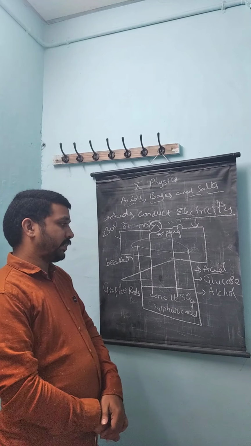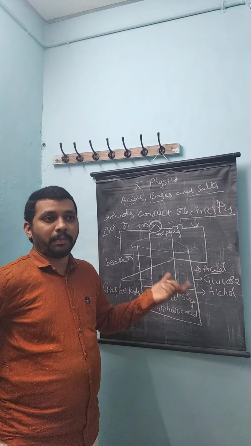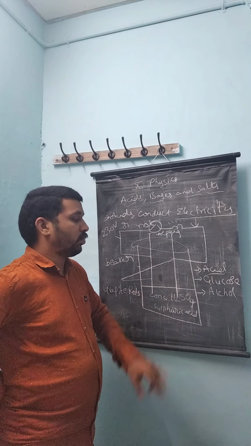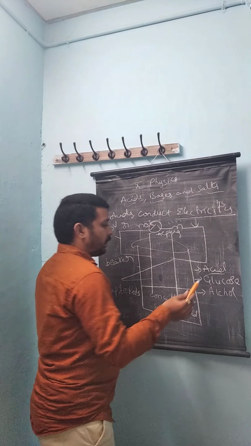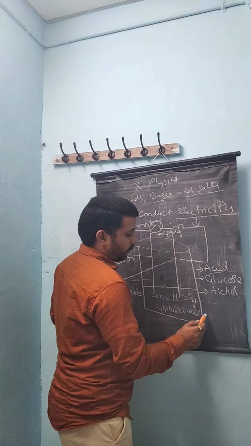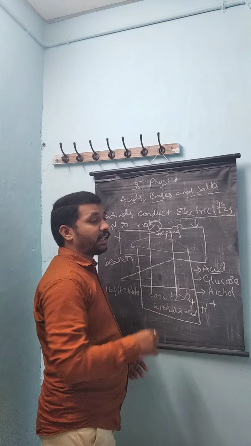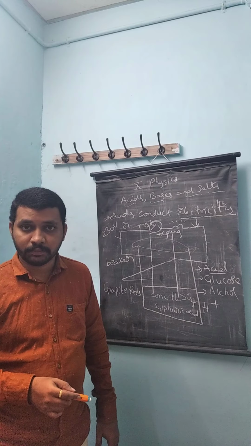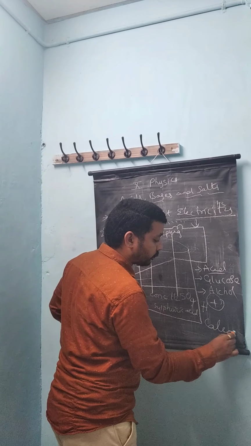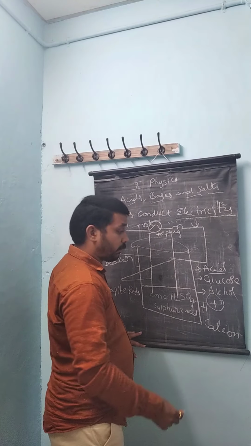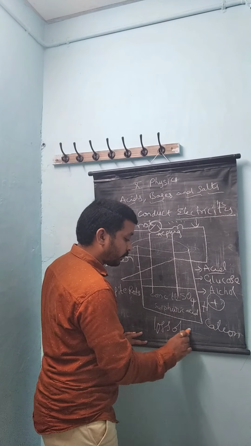Now let us find out why the bulb glows only in the presence of acid and why it does not glow in the presence of glucose or alcohol. The reason is that the acid produces H+ ions, which are responsible for conducting electricity. H+ is a cation, meaning it has lost electrons.